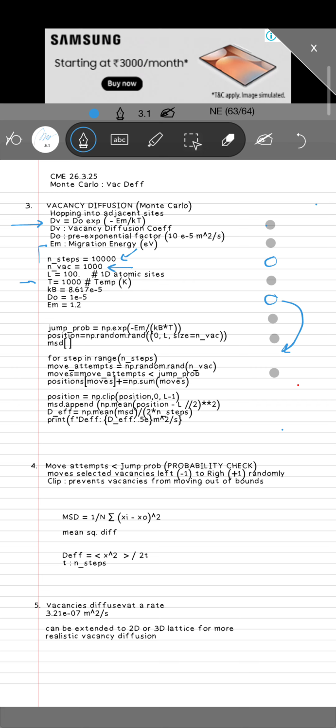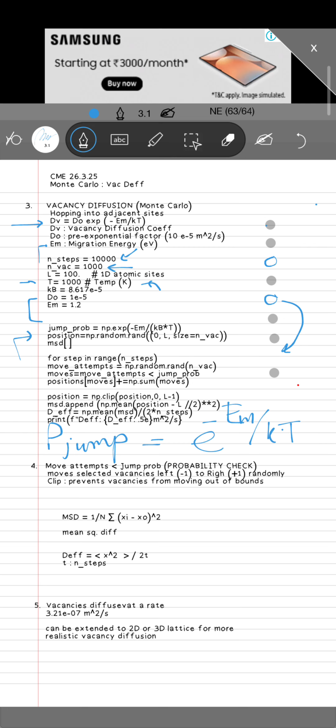The temperature was again kept at 1000 Kelvin, and these two are the constants, and the migration energy was 1.2 electron volts. Now we calculated the jump probability. That is P jump. P jump is again numerically calculated by Em by kT. This is the jump probability.